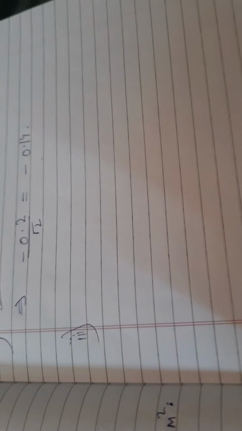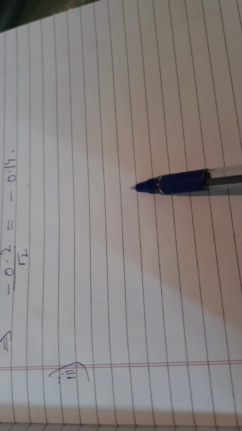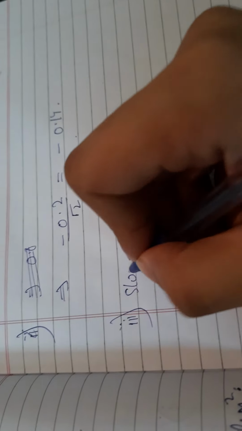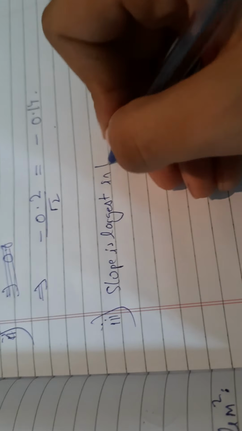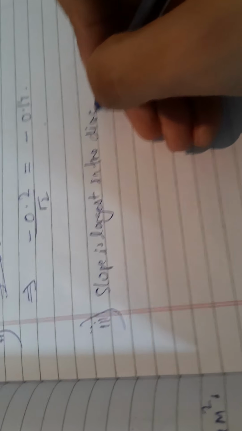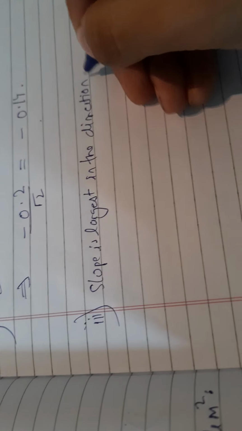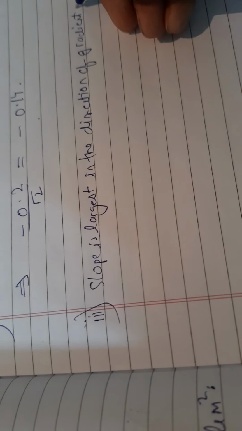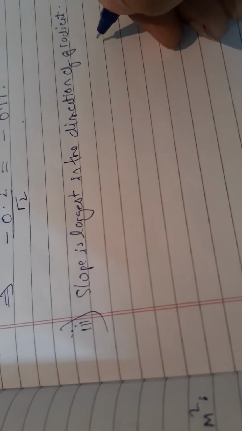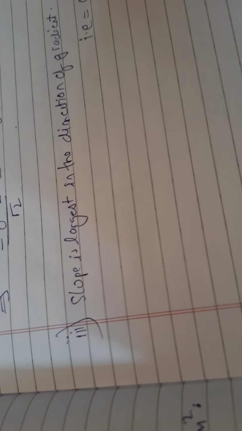Now for the third part, we have to find the largest slope. We know that the slope is largest in the direction of the gradient, which is 0.6 i cap plus 0.8 j cap.